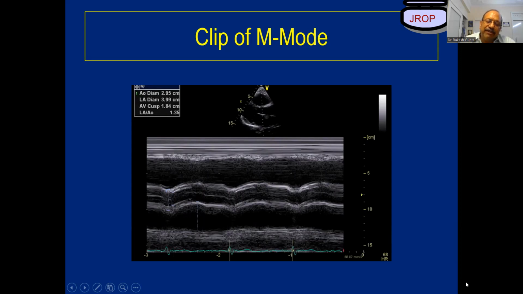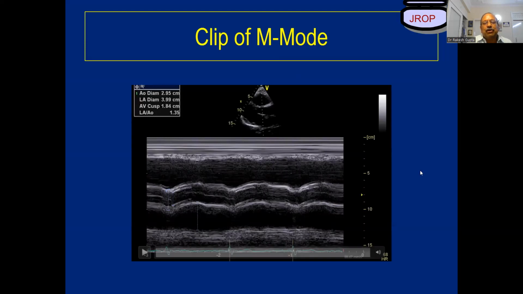Now, when we talk of measurements, we have to understand two important things: when is the end systole, and when is the end diastole? And this systole and diastole is based on the LV function rather than anything else. If I'm talking of a systole, I'm talking of LV systole, that is beginning of a QRS complex to end of a T wave.